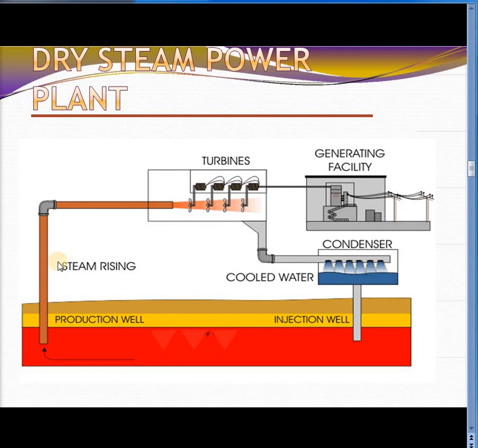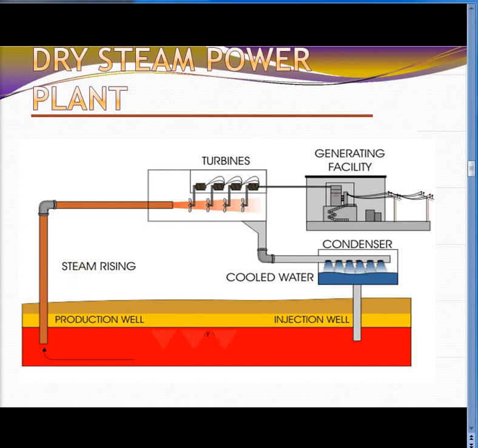Then the steam is brought to the surface by the production well and passed through the rock catcher, and directly sent into the turbine. The turbine is directly connected to the electrical generator, where it will generate electricity, and this is connected to the transformer, and the electricity will be transmitted over distances.